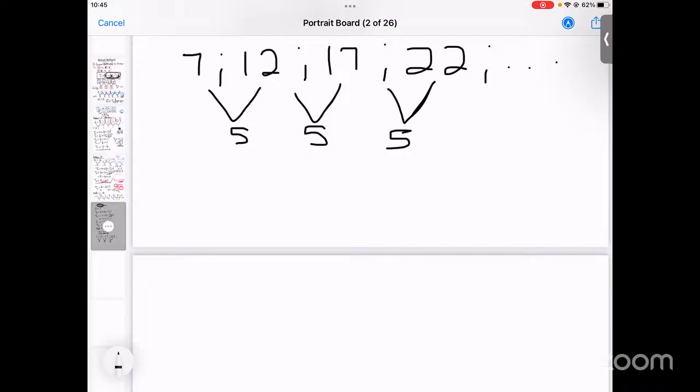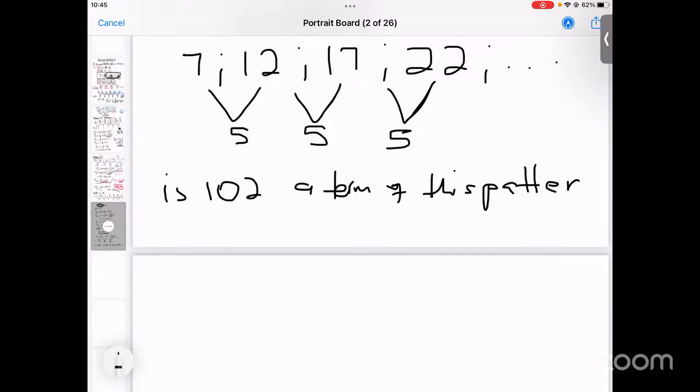What else? Is 102 a term of this pattern? In this case, they want you to calculate n to verify whether indeed 102 is a term of this pattern or not.